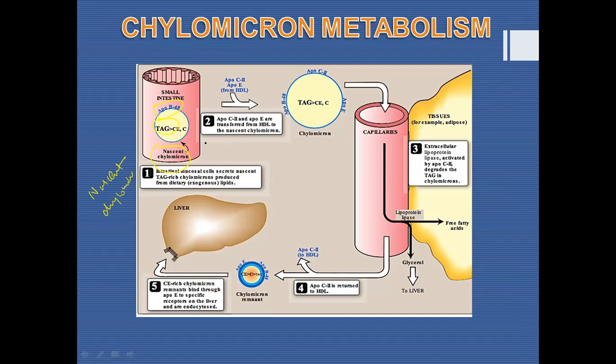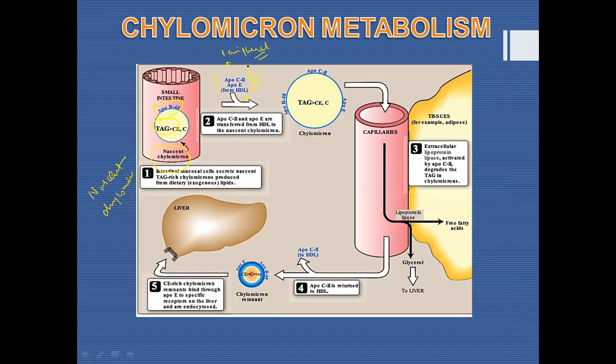After that, this nascent chylomicron will receive a few other apoproteins, that is the ApoC2 and ApoE, that it will receive from another lipoprotein, HDL. Okay, so as we discussed, ApoE and ApoC are the peripheral proteins present in the lipoprotein.